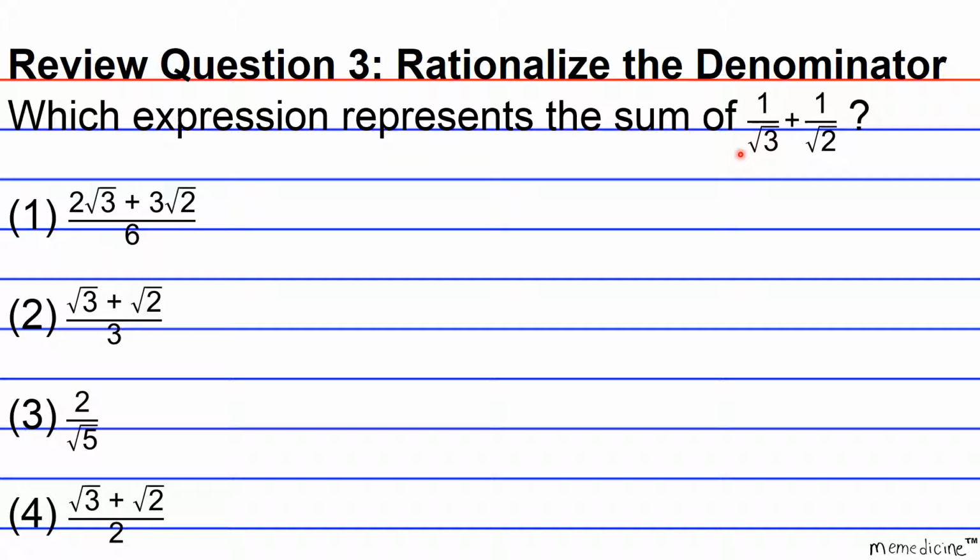And so to undo finding a root, you simply raise the expression to the exponent equivalent to the numerical index of the root. In this case, it's not written, but we understand that it's implied that the index here is 2, or a square root. So let's go ahead and do that.